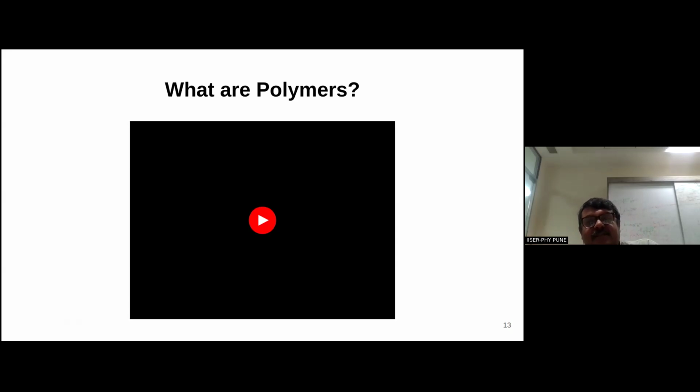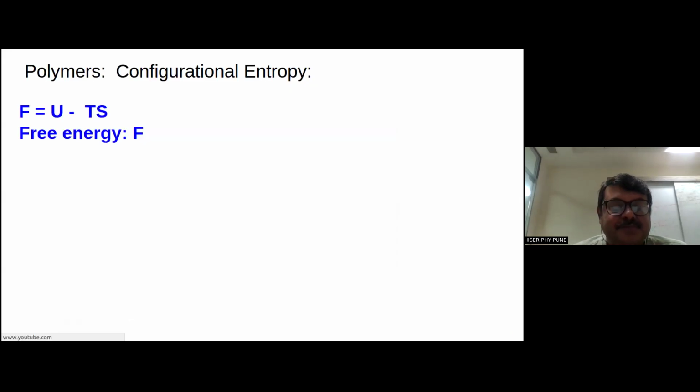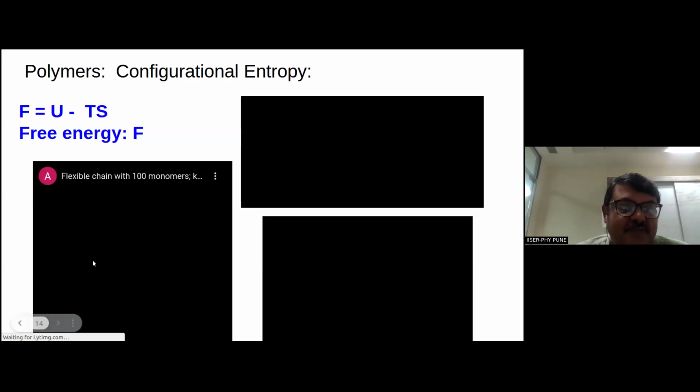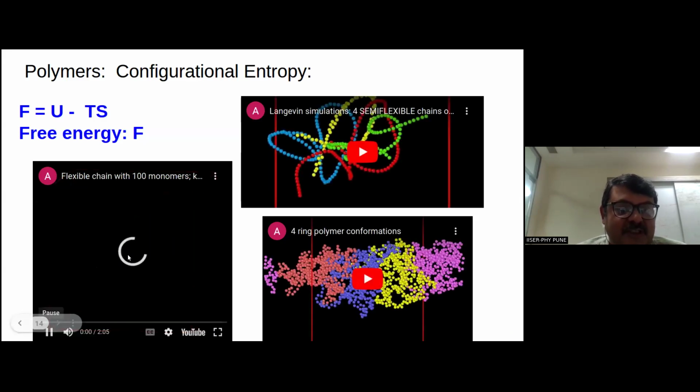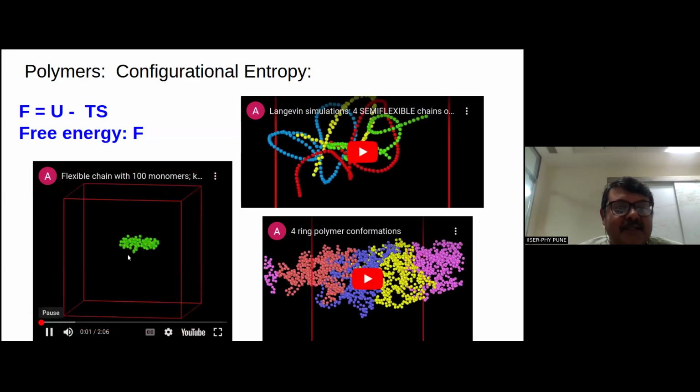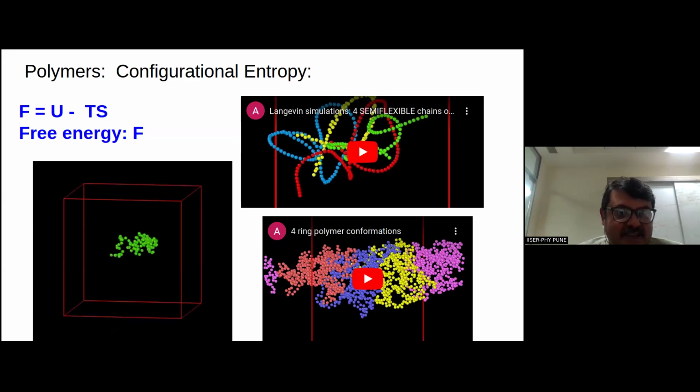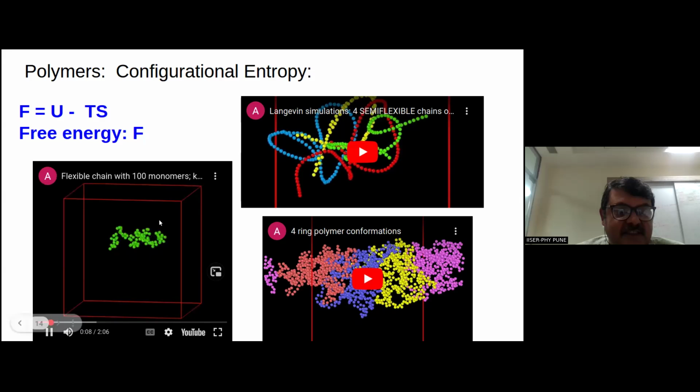And if they are changing their configurations, what also happens? Here you have similar videos. Here you have a 100 monomer chain, which was initially compact, and you see that it has spread out, and it's again changing conformations and configurations.